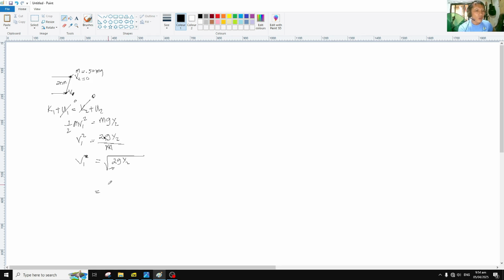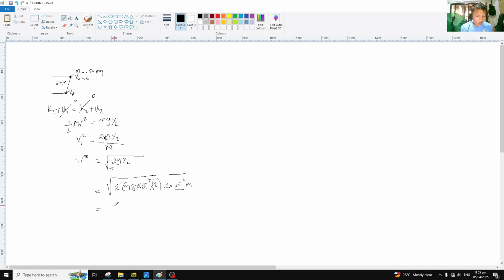That would be the square root of 2 times 9.80665 meters per second squared, multiplied by your height, which is 2 times 10 to the negative 2, in meters. So, square root of 2 times 9.80665 times 2 times 10 to the negative 2.